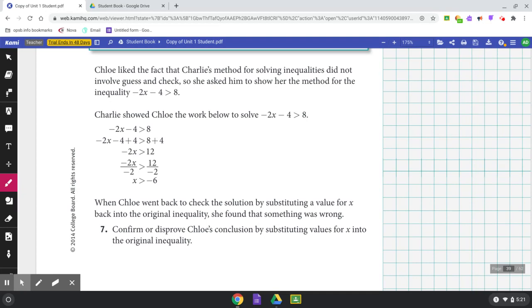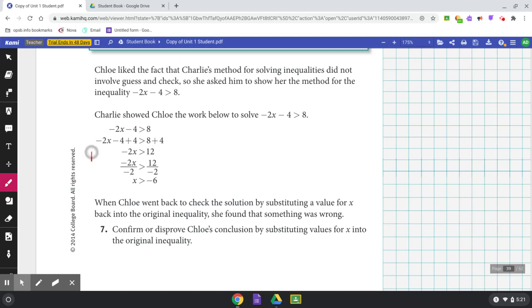When Chloe went back to check the solution by substituting a value for x back into the original inequality, she found that something was wrong. So confirm or disprove Chloe's conclusion by substituting values for x into the original inequality. When you follow the steps for solving an equation, he followed the correct steps.